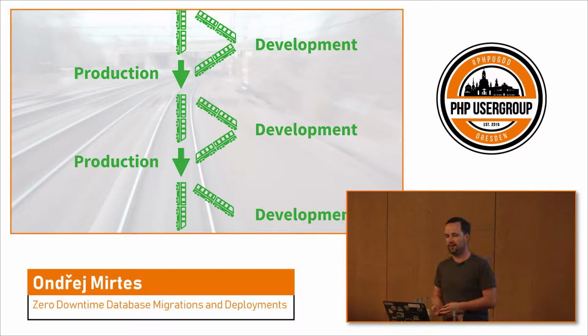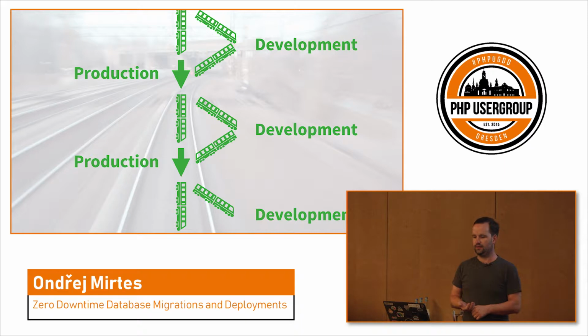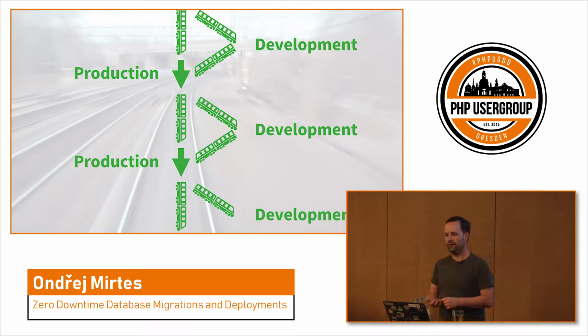But once they start using your application for real in production, they start finding real issues, and that's the moment when they start taking the work seriously. So it's better to release to production as often as possible, because you will get real feedback from users, and you will know for real what to focus on.